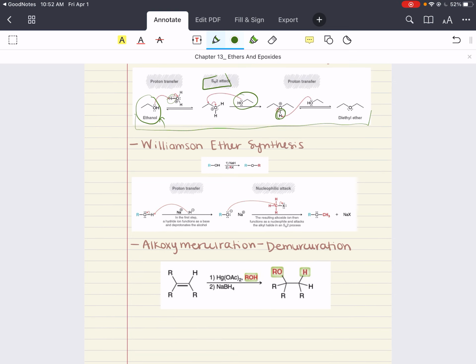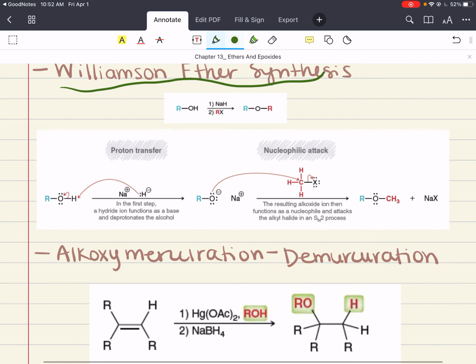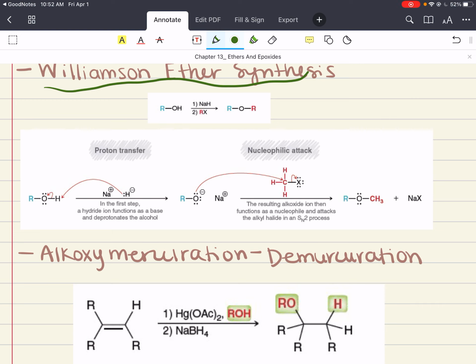Now, another way to prepare ethers, they can be readily prepared through a two-step process that has a name: Williamson ether synthesis. In the first step of this mechanism, the alcohol is deprotonated to form an alkoxide ion right here.